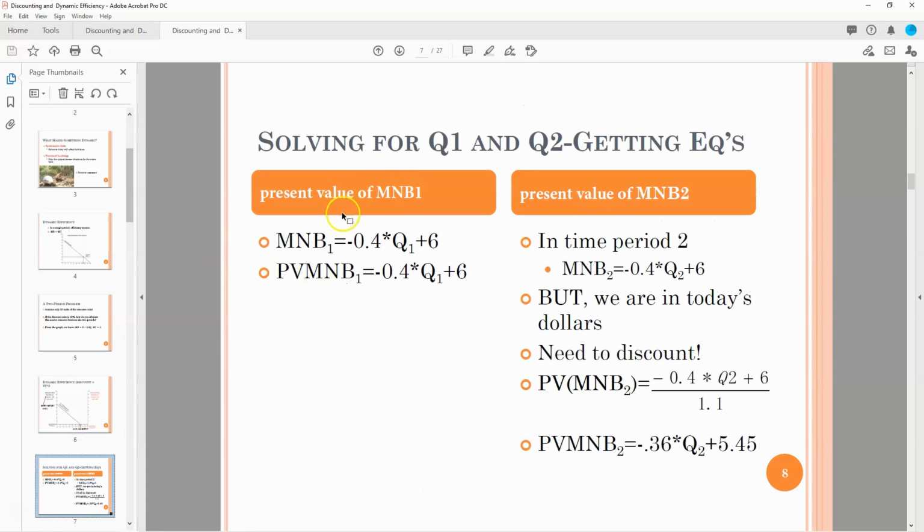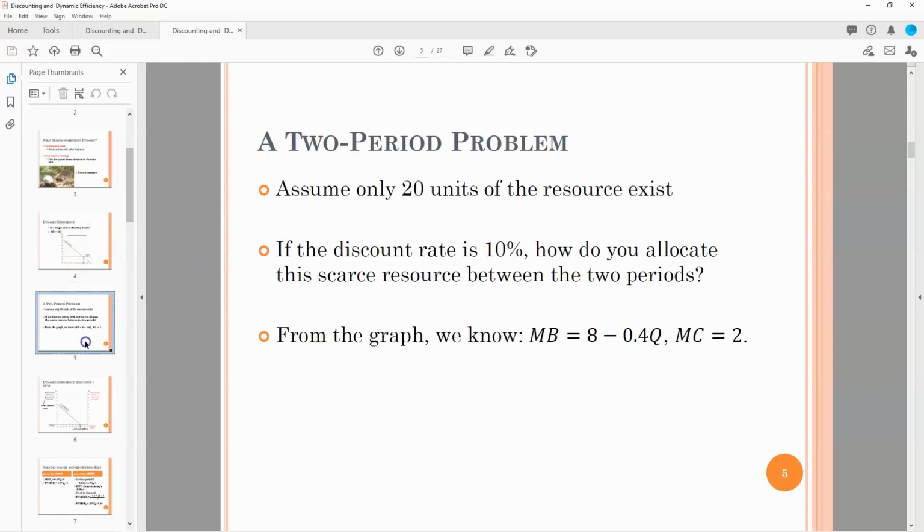And then we go to period 2. The marginal net benefit curve in period 2 is exactly the same as the marginal net benefit curve in period 1, because in period 2 we have the same marginal benefit curve and the same marginal cost curve.